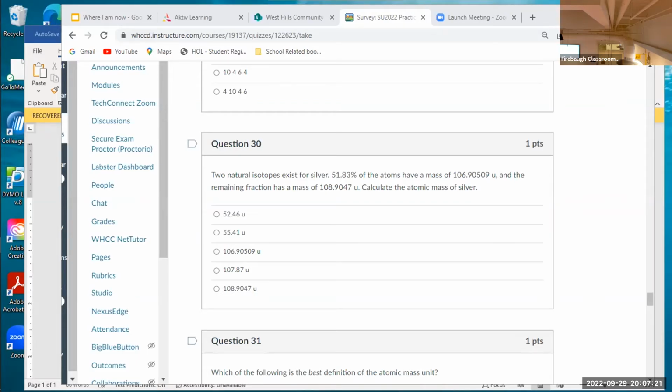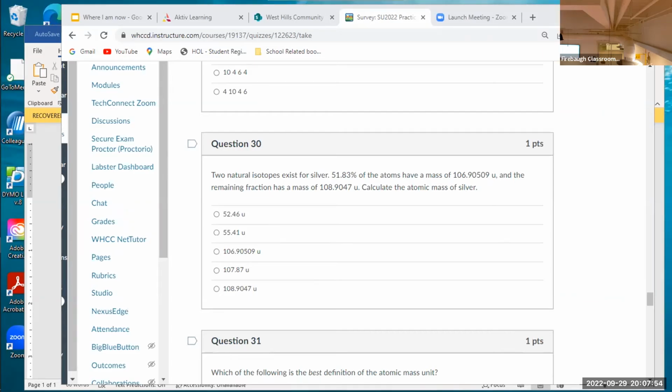Just do it for this one for right now, and then we'll get there. I got 52.45. Is that 52.45? Yeah. Okay.